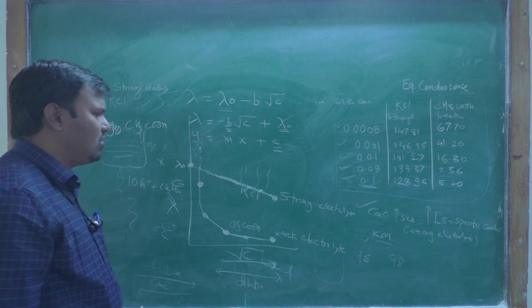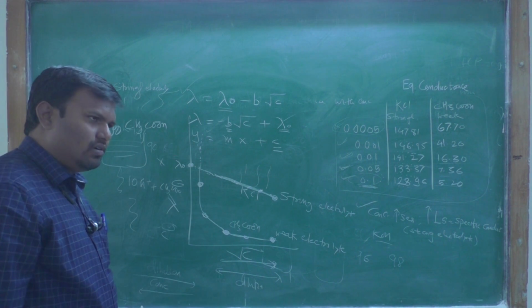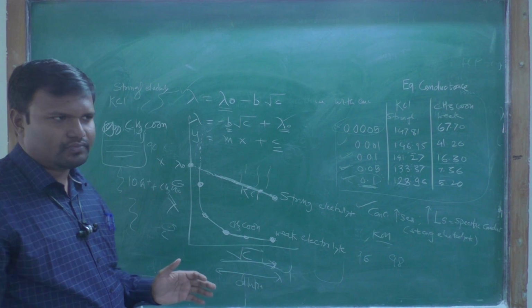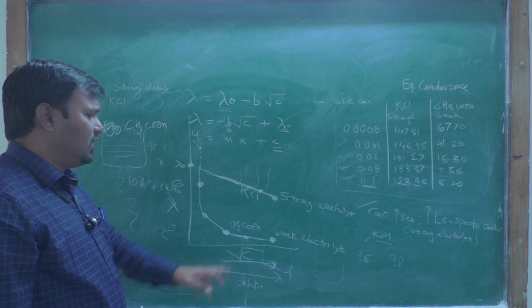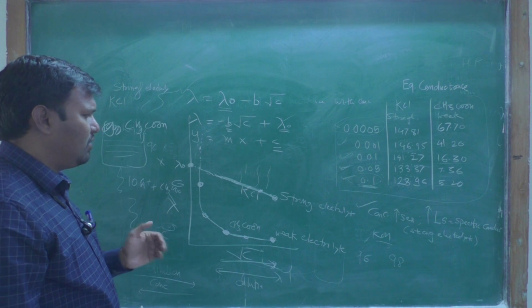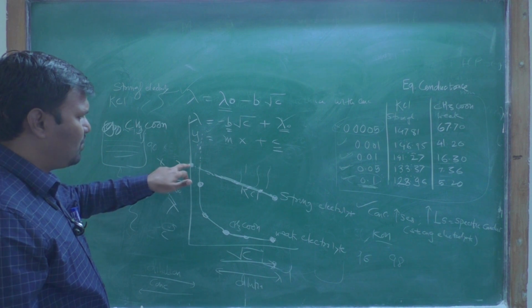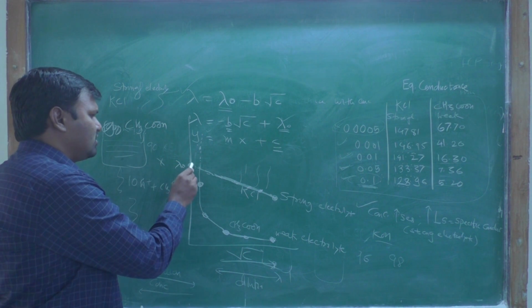Therefore, by using this graph, you can predict the limiting equivalent conductance value. For KCl, or any strong electrolyte, by extrapolating this straight line you will obtain lambda 0.